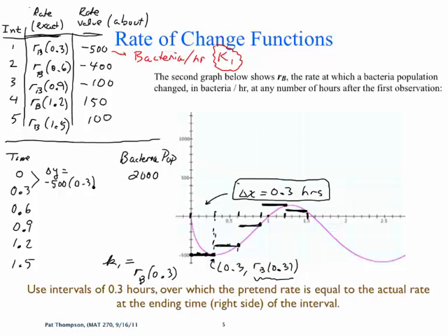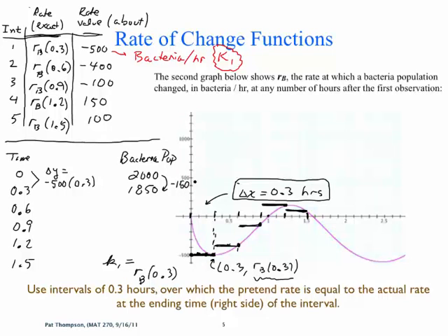How much is that amount of change? Negative 150. So in that time interval, the change was negative 150. Therefore, what's the new population at 0.3? 1,850.